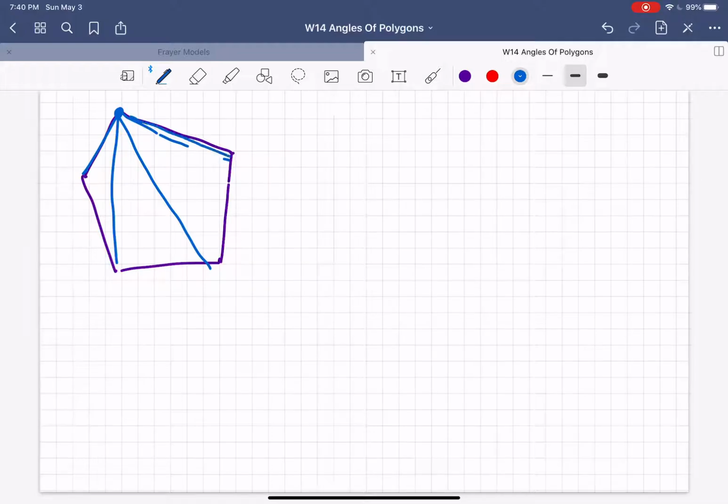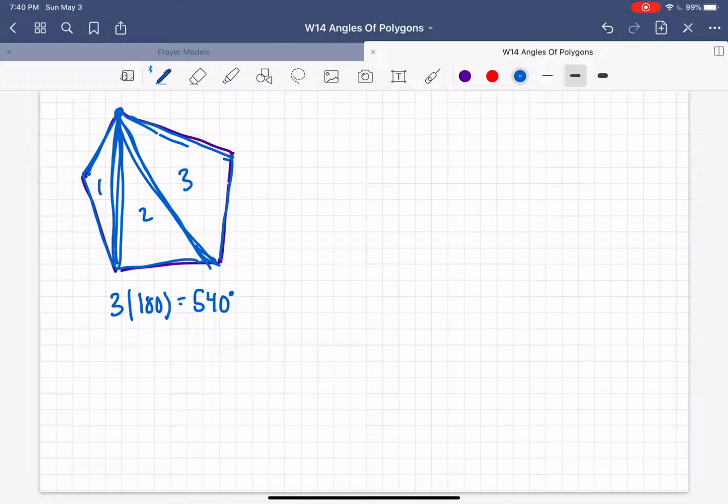And those are my triangles, right? I have 1 triangle, 2 triangles, right? 1, 2, 3. All right, 3 triangles. So I have 3 triangles times 180, because that's 180 degrees in each. So here I get 540.